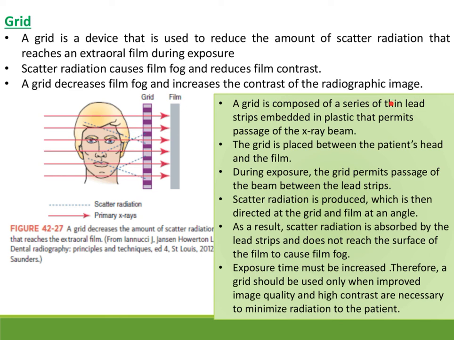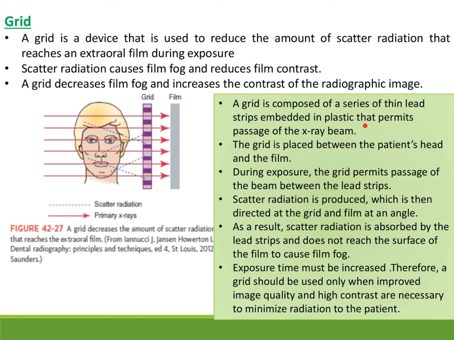So grids are composed of a series of thin lead strips embedded in plastic. That means inside the plastic they have put the lead strips, which are alternate. Strips means thin, long sheets. The grid is placed between the patient's head and the film, always important.